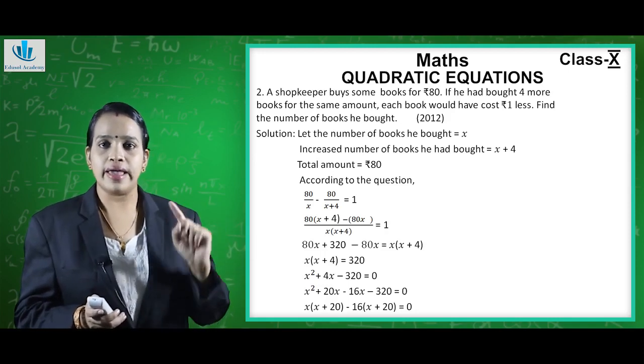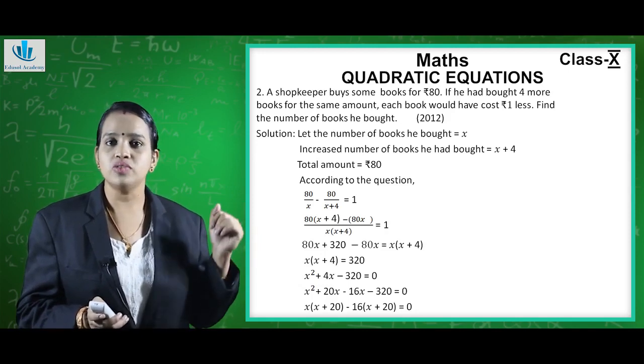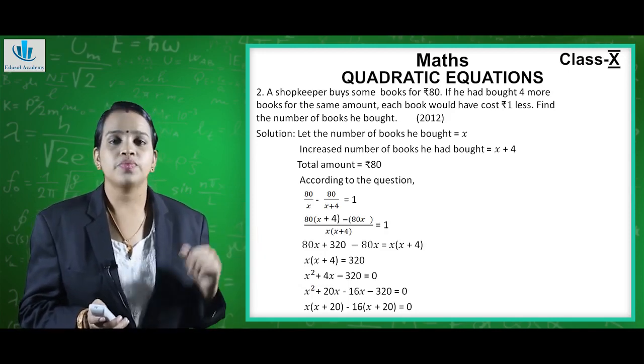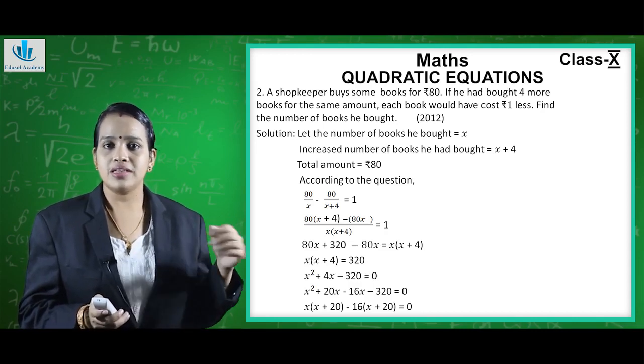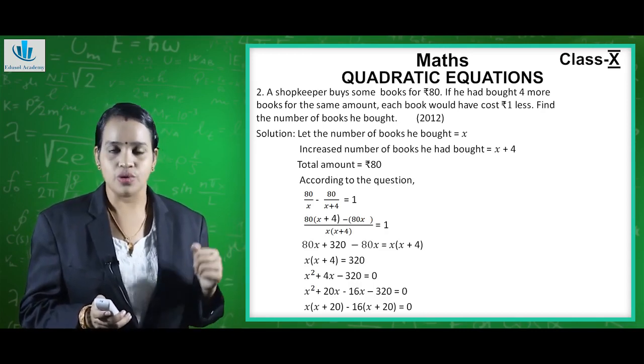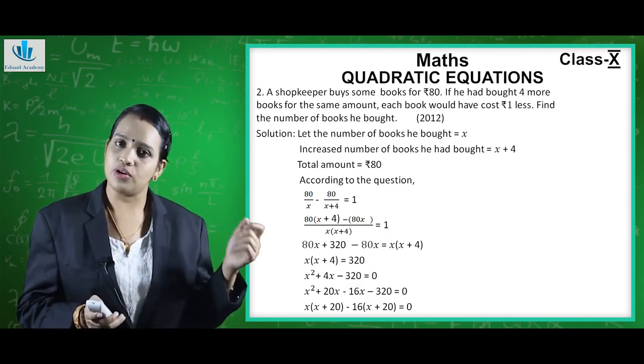Now we can take x into x plus 4 on the other side. So it becomes equal to x into x plus 4. Again we can solve it. So 80x minus 80x becomes 0. So we can write here x into x plus 4 is equal to 320.